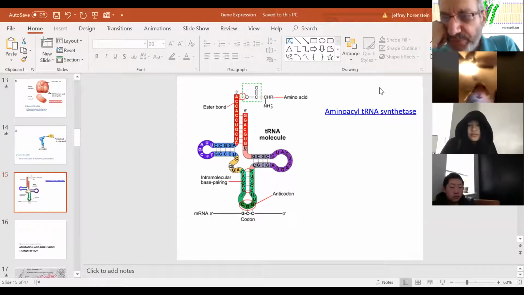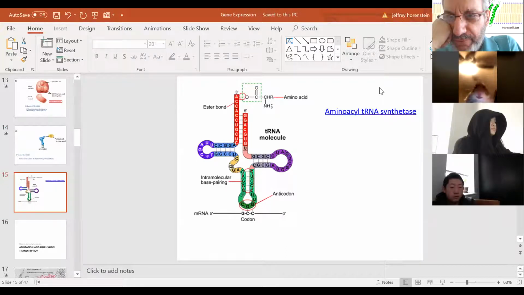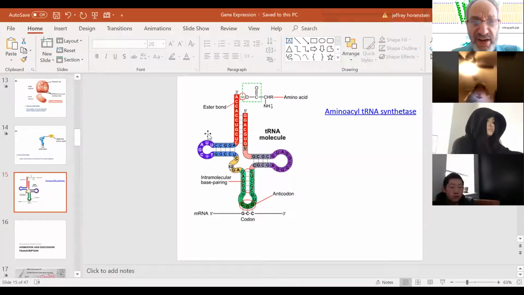Any other questions? Sure. Go ahead. You said they're opposite from each other and they have hydrogen bonds, like the C and G. So what about the circular ends? Are you looking at this molecule here? Yeah, the circular part.